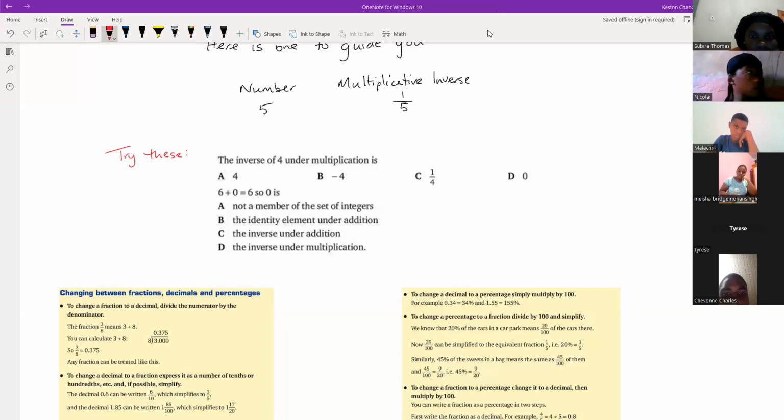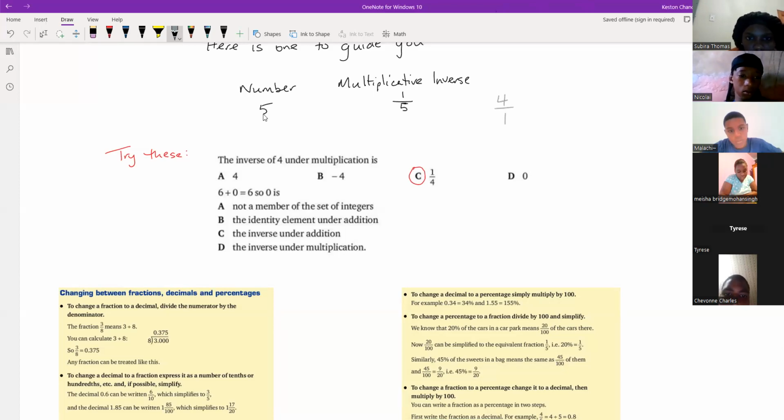Right, so the multiplicative inverse of 4 under multiplication is going to be C, a quarter. Remember, for the multiplicative inverse, if you can see the example up here, all you're doing is flipping the number or the fraction. A whole number like 4 could be written as 4 over 1.